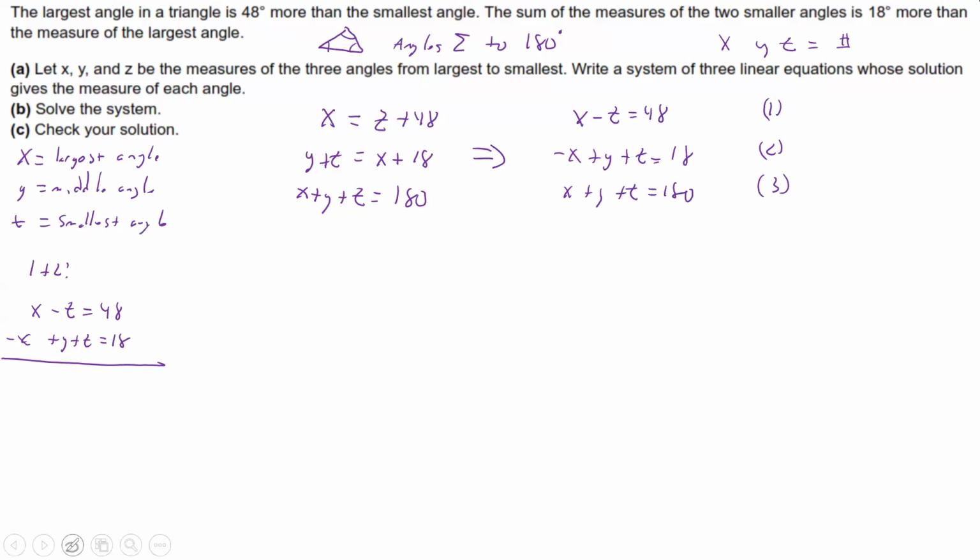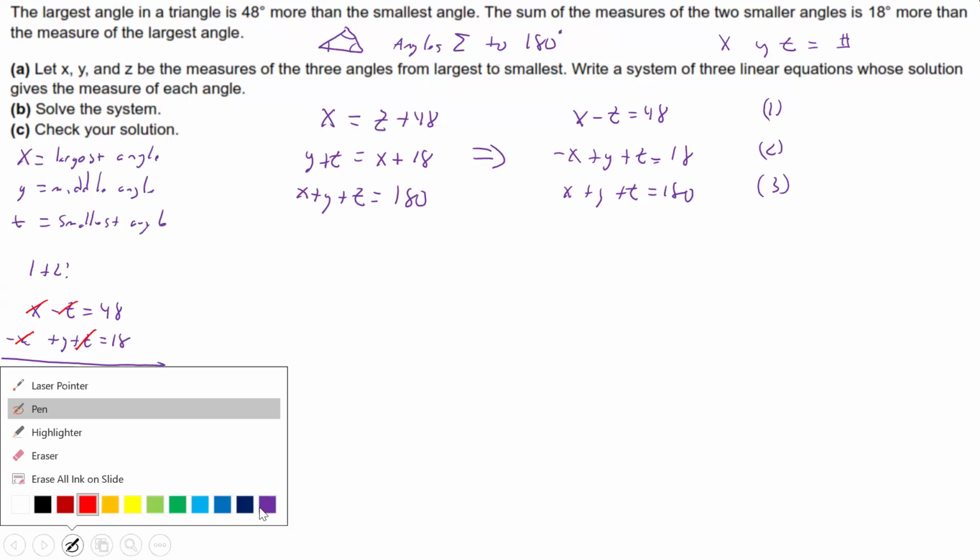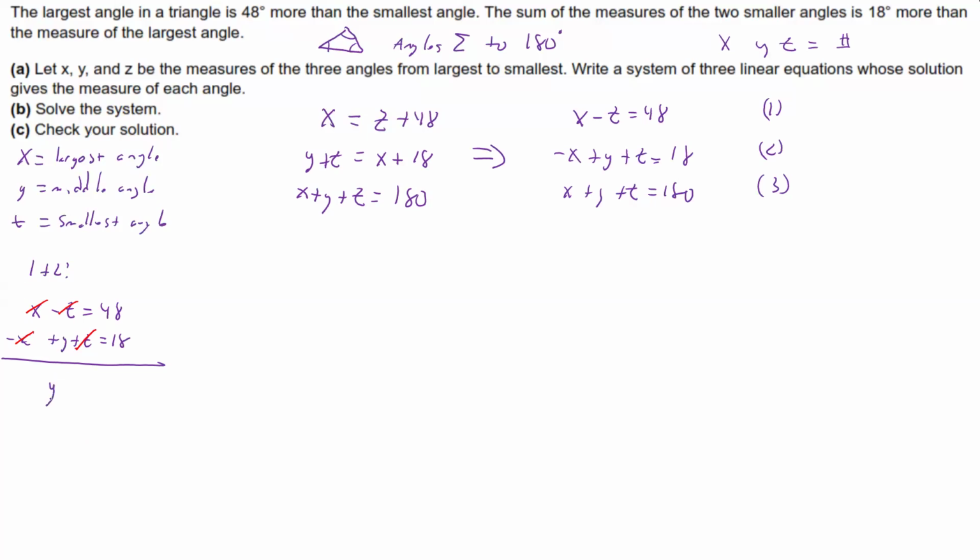Now, I didn't say it's going to make it easier. I just said we're going to eliminate one of the variables. So those X's are canceled. Well, guess what? That minus Z and the plus Z actually canceled too. I didn't notice that until there. So we've simplified this into Y equals 48 plus 18, so that's 66 degrees.